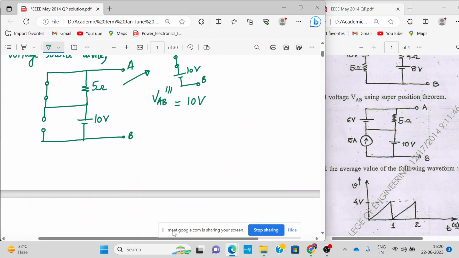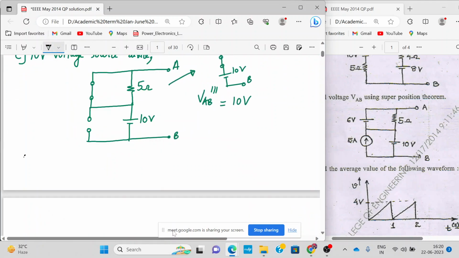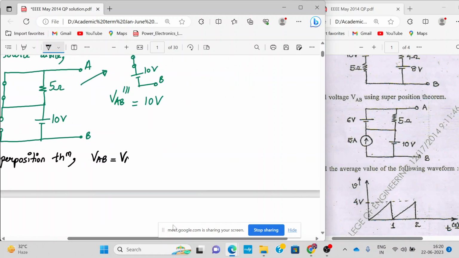Now, as per the superposition theorem, you need to write this statement. We need to add all the voltages, or if there are currents, we need to add the currents. So what is VAB? Please write it down in your notebooks also.